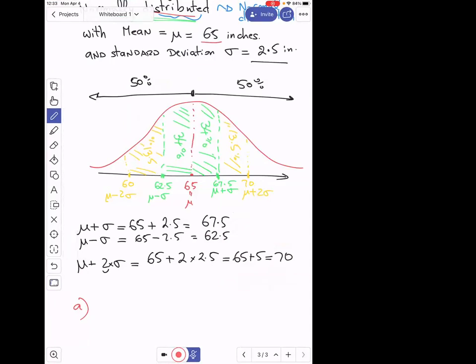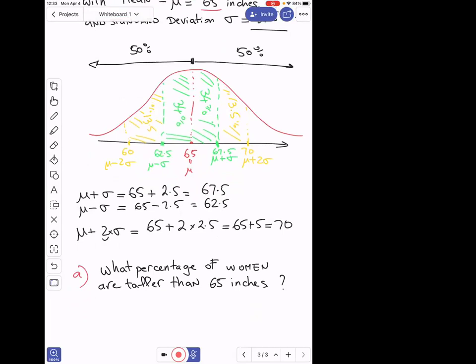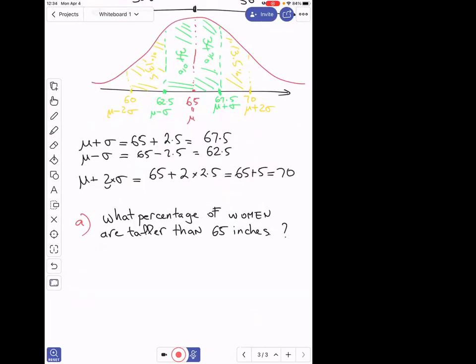Let's see what's A. We said, what percentage of women are taller than 65 inches? So again, the variable x represents the height.